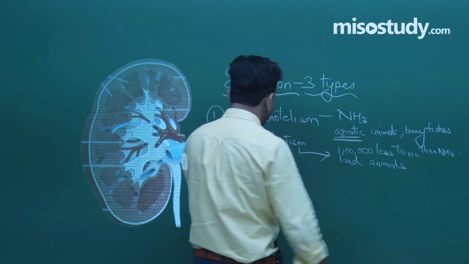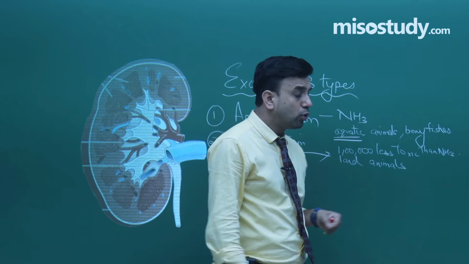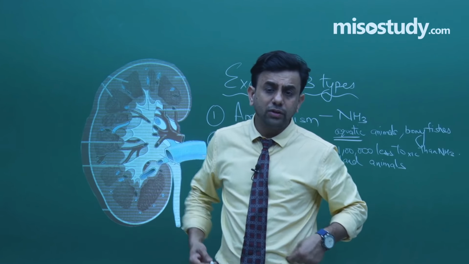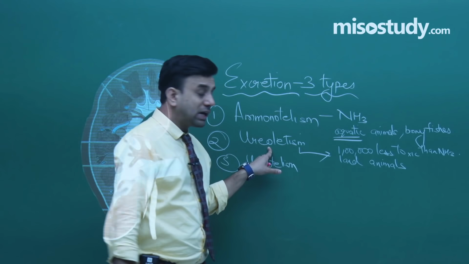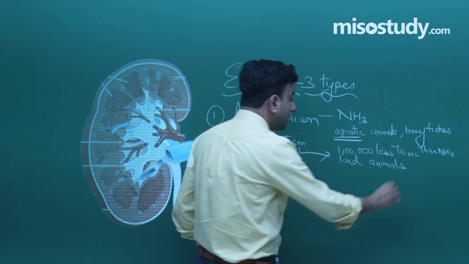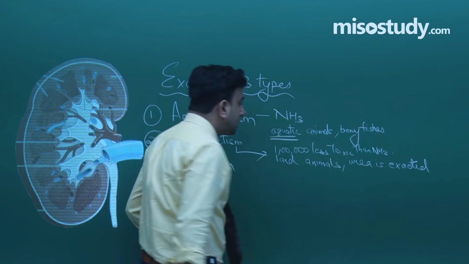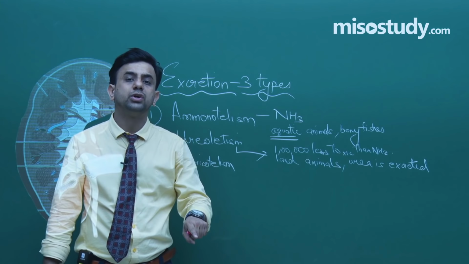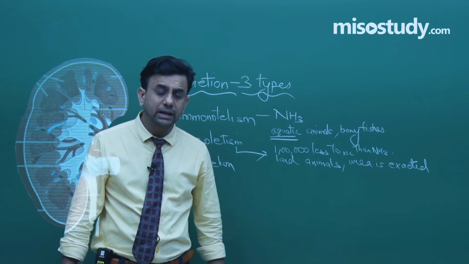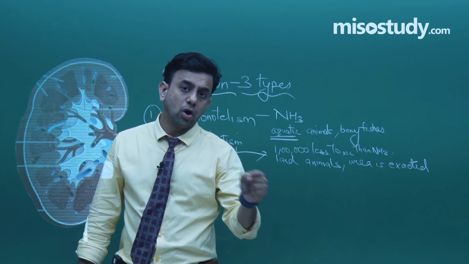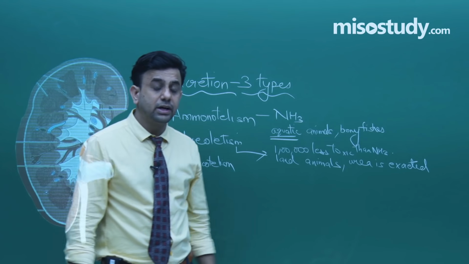Water will not be required for the excretion here, because otherwise we will get dehydrated. If we have ammonotelism, we will get dehydrated. All the water of the body will be used up to give ammonia outside. In ureotelism, urea is excreted out. That means the ammonia which is there in the body has to be converted to urea, and that is done by the ornithine cycle or the Krebs-Henseleit cycle or the urea cycle. That is how the ammonia, or the nitrogen containing compounds, are converted to urea and excreted out in this way.